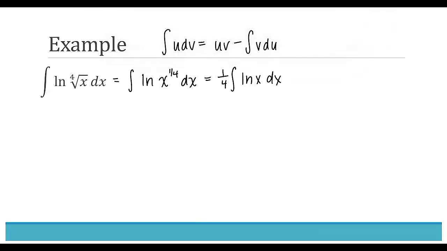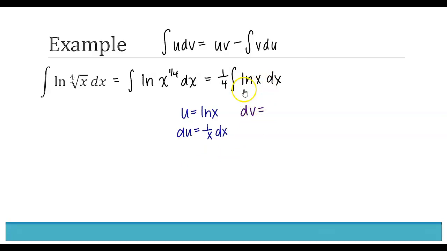Now I'll go ahead and let u be the natural log of x. Du is 1 over x dx. And I don't have a 1 over x dx, so this is not going to be a u substitution. It is going to be an integration by parts. So my dv is actually just going to be 1.